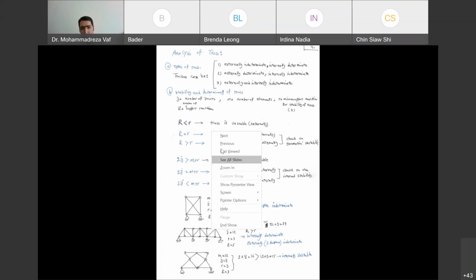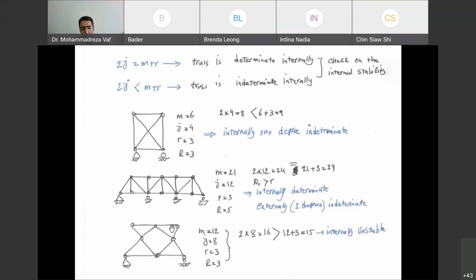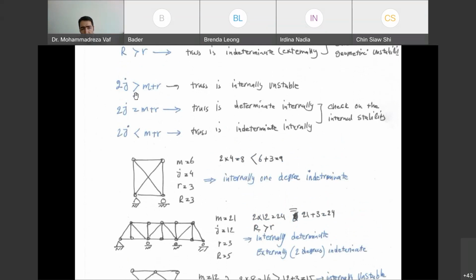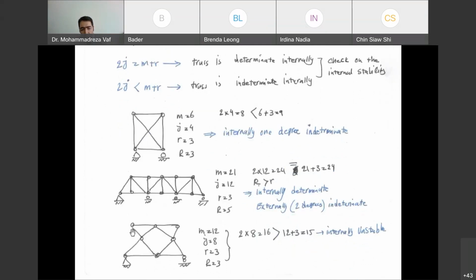One example is the one that you see down here, this truss. As I said, the equation is 2J should be no more than M plus R. J is the number of joints that you have here. We have totally 8 joints: 1, 2, 3, 4, 5, 6, 7, 8. And M is the number of elements. We have here 12 elements: 1, 2, 3, 4, 5, 6, 7, 8, 9, 10, 11, 12.